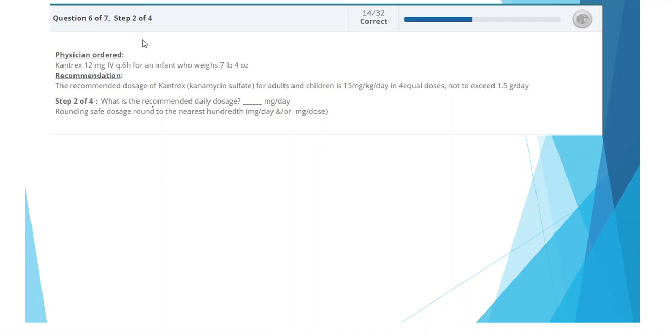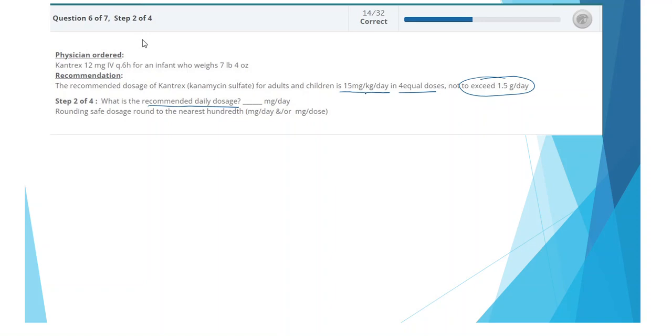This wants to know what is the recommended daily dosage. So it's 15 milligrams per kilogram per day in 4 equal doses. This is a not to exceed dose. This is the maximum you can give regardless of weight. But we're just looking for the recommended, not the do not exceed. And notice the do not exceed is not based on weight.